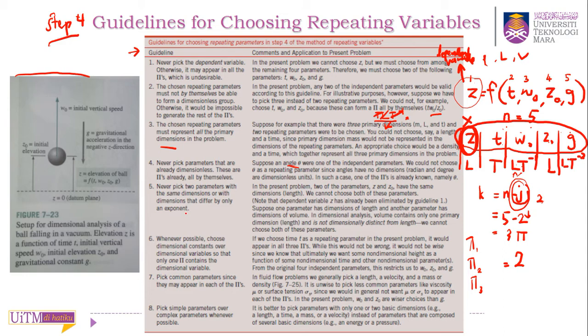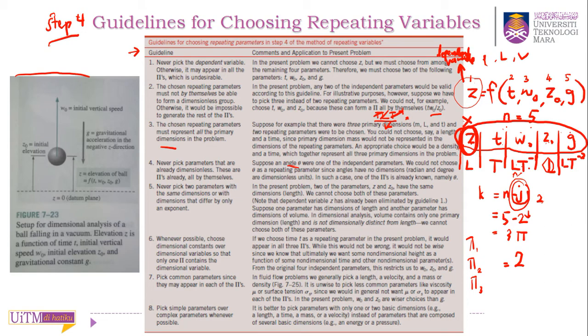And number 5, never pick two parameters with the same dimensions, or with dimensions that differ by only an exponent. Don't choose parameters that have the same dimension, let's say L and L. In the example, Z and Z naught. But remember, Z cannot be chosen anyway because it is a dependent variable. Let's say you have another Z, Z1 or Z2, which also has primary dimension L. You cannot choose Z1 and Z0 because both have the same dimension.